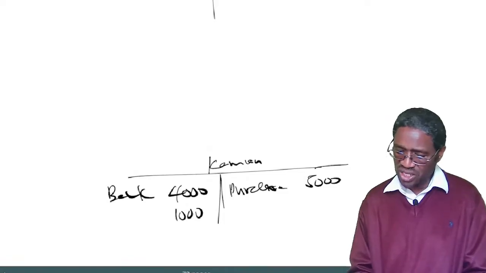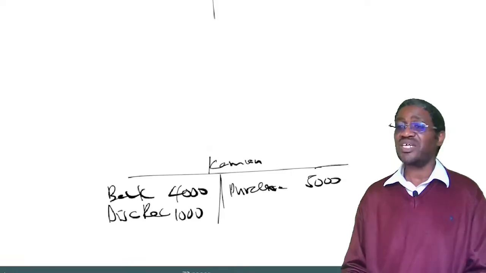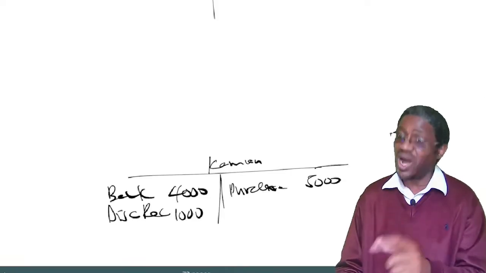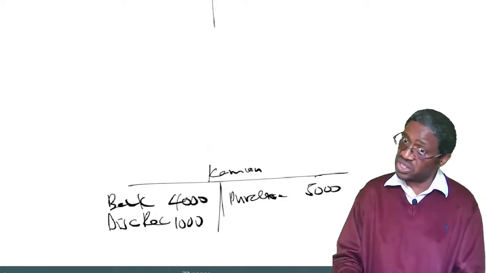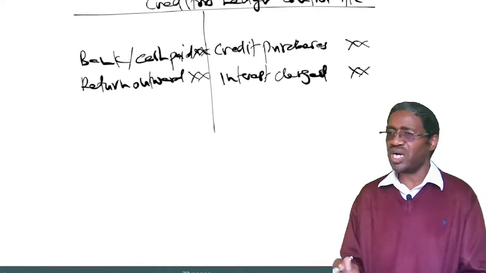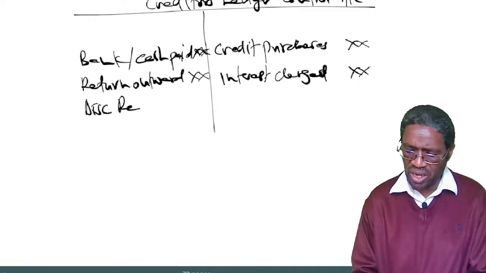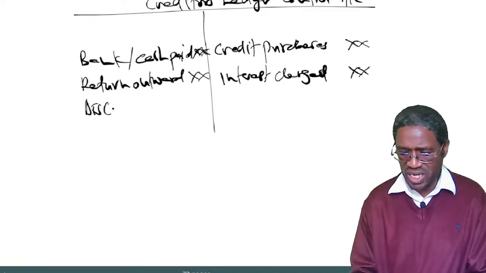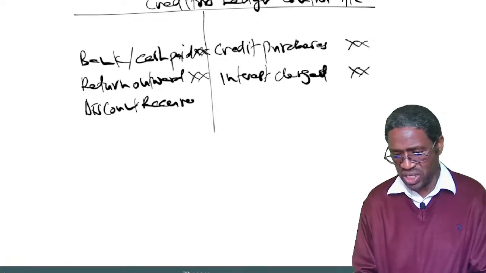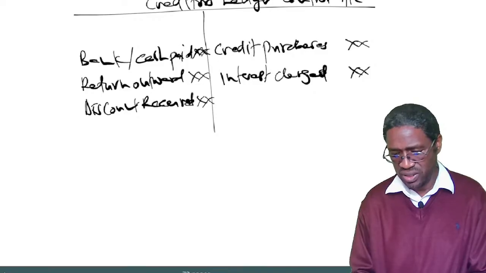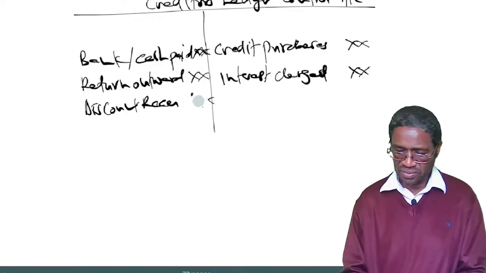You must have debited Kamau as a creditor and credited the account called discount received. So in the control account, any discount received from creditors should be debited. Good.